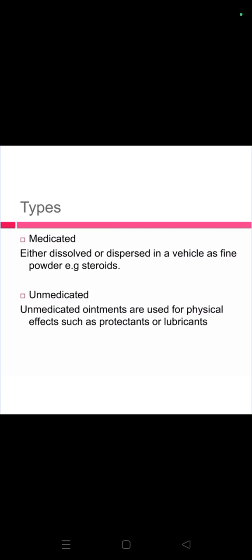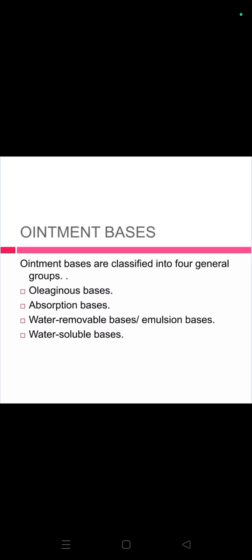Unmedicated ointments are used for physical effects such as protectants or lubricants. Then ointment bases. Ointment bases are classified into four general groups: oleaginous bases, absorption bases, water removable bases or emulsion bases, and water soluble bases.